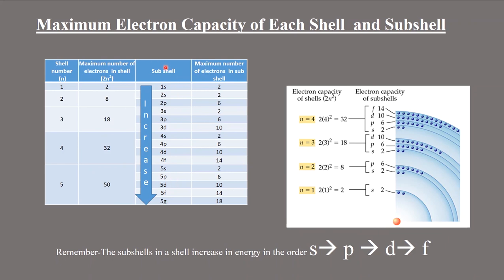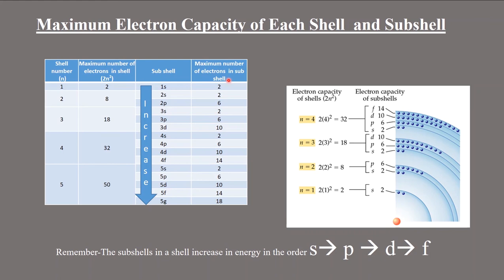In this subshell column, these numbers are the principal quantum number. So this S belongs to the first shell. This S belongs to the second shell. So it is 2s, and then we have 2p, 3s, 3p, and so on.